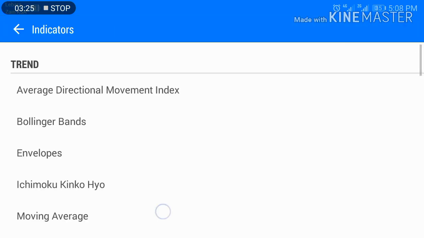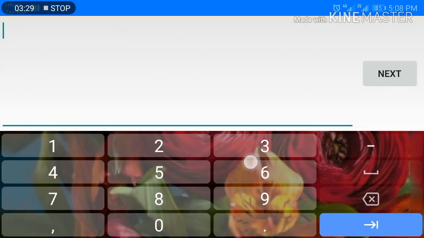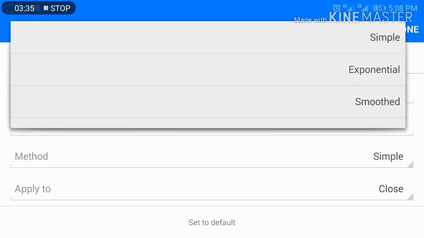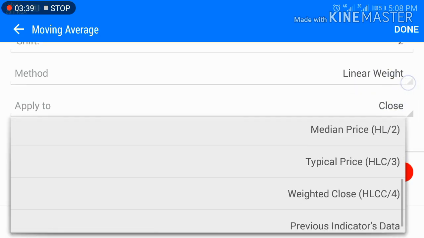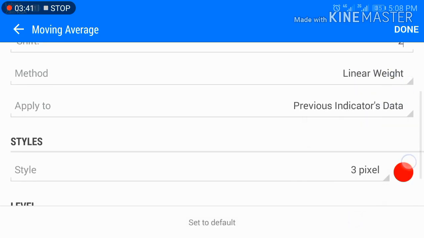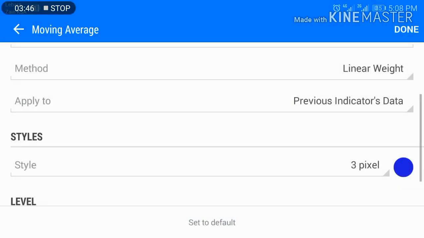The second one, moving average, choose period 6 and shift 2, linear weighted, applied to previous indicator's data. Choose any color you like. I will choose this blue color.